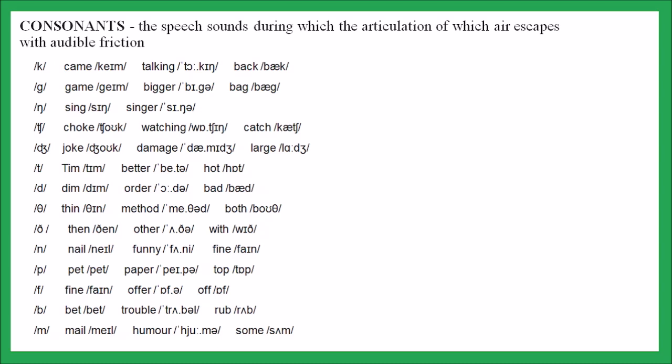When we come to the letter l, there also we can find a dark form which is pronounced as l. Okay. So coming back to n, nail, fine, funny: when you look at that sound in funny, it is the dark form of n.